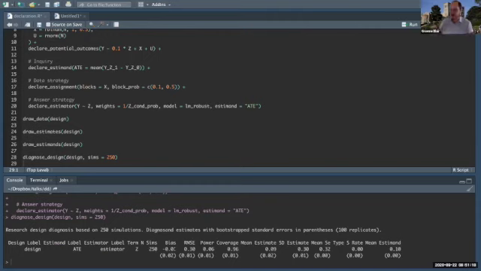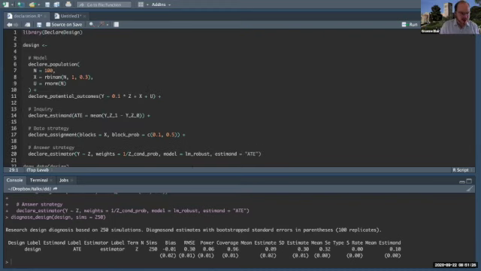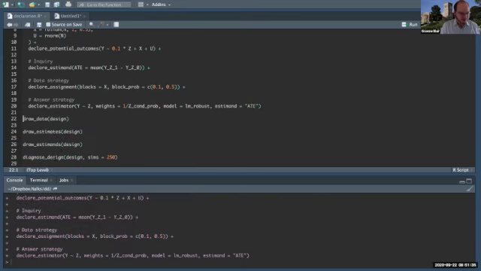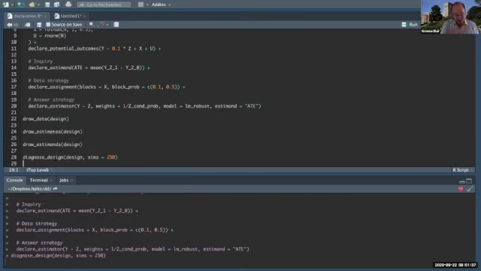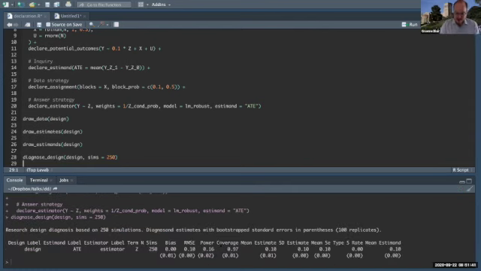So when you run your design, you're often going to find that unexpectedly there was bias or there's really low power, and then you can change different features of the design to address that. Here again, we have really low power, so we may want to increase our sample size to 1,000. So I can run the design again and diagnose it again. It's going to take a little bit longer because it has to draw a data set of 1,000.